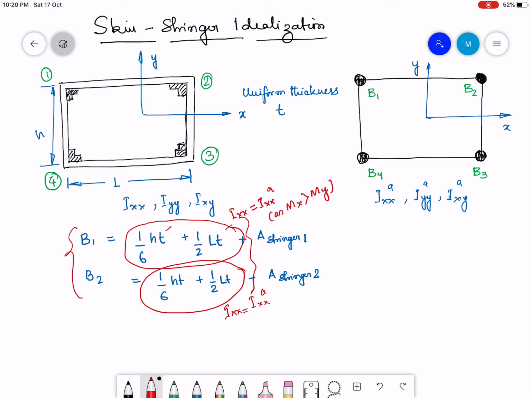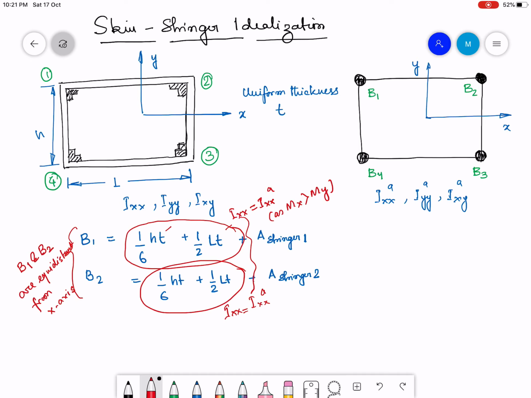The other thing that we did is that we could evaluate B1 and B2 only because of the condition that B1 and B2 are equidistant from the x-axis.